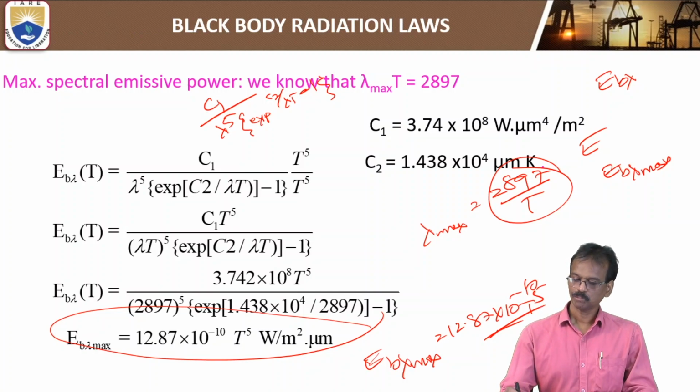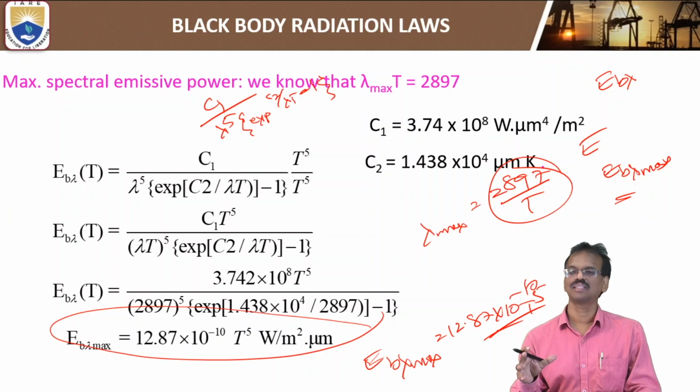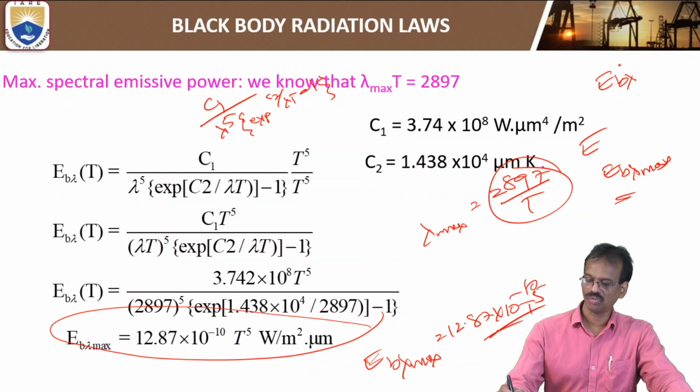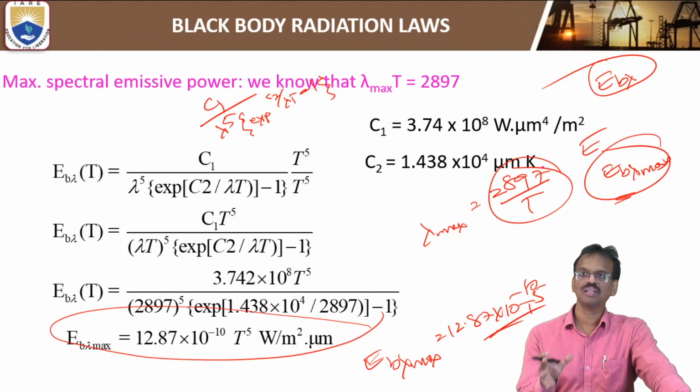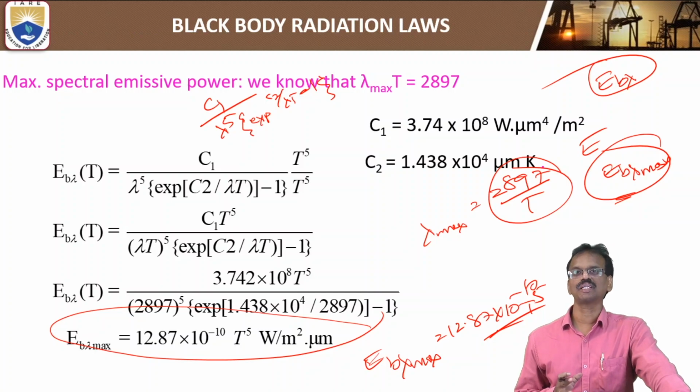With Wien's law, it is the emissive power at maximum wavelength, that is nothing but maximum emissive power. So these two points you have to remember.